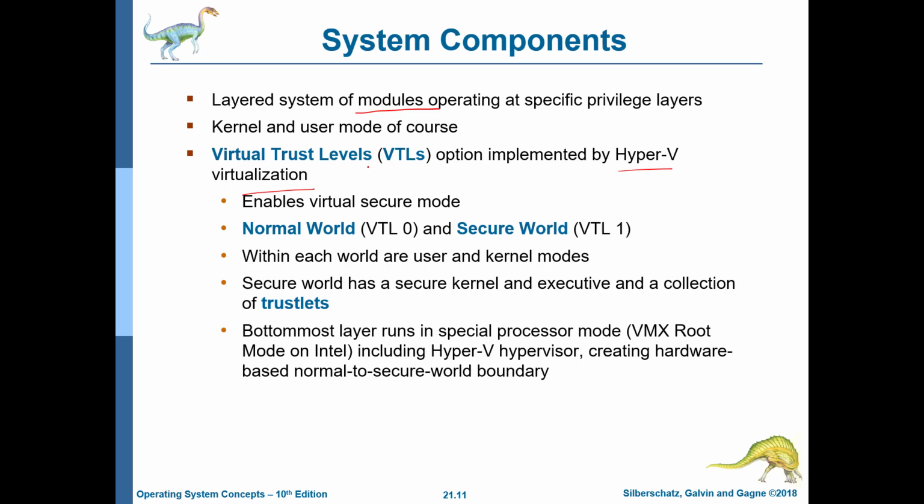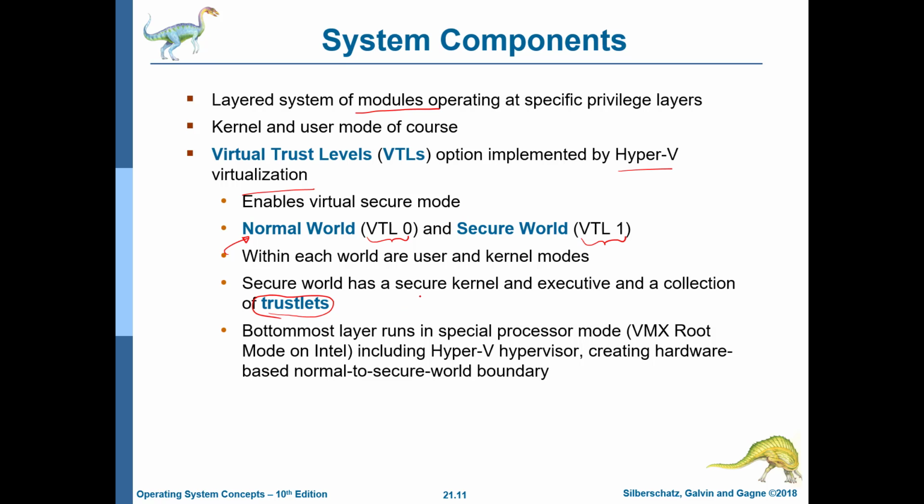So, a VTL or a virtual trust level enables a virtual secure mode. So, it enables a normal world, which is VTL 0, and a secure world, which is VTL 1. Within each world, we could have both user modes and kernel modes. So, the secure world, which is VTL 1, will have a secure kernel and a secure executive and a collection of other smaller programs known as trustlets.